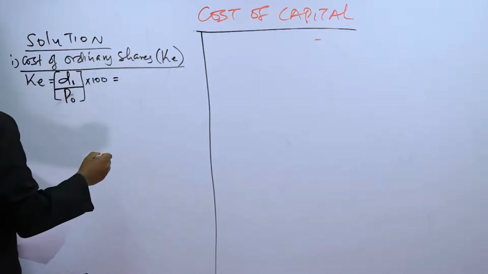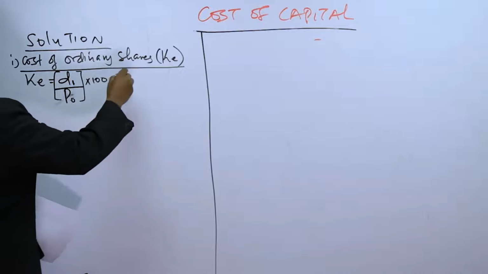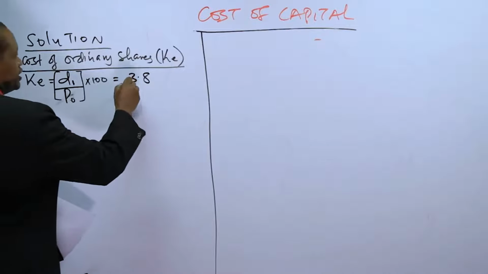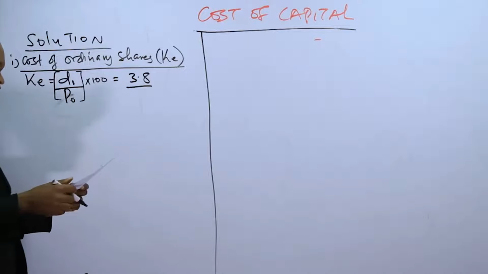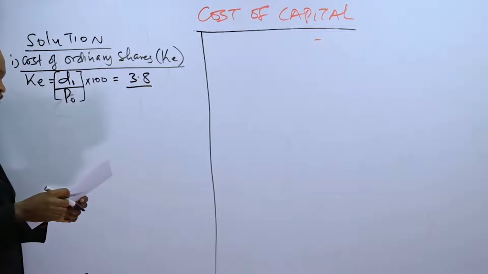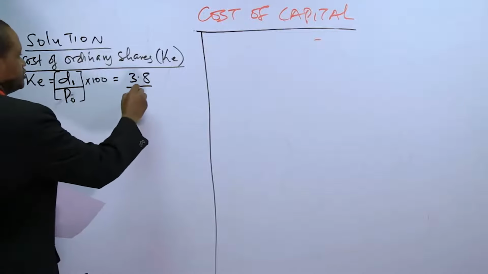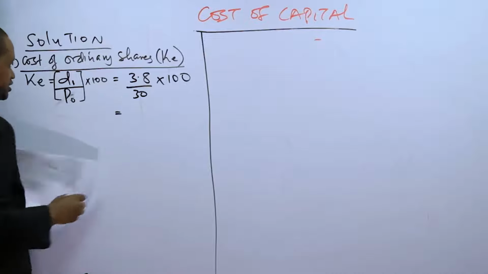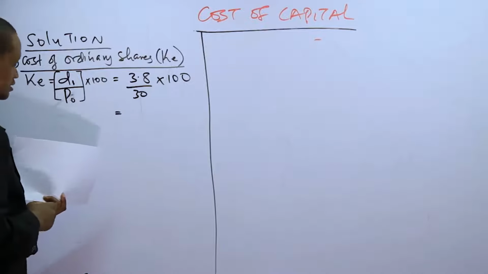Our D1 is 3.8 shillings per share, divided by the market price, which is provided in the table under additional information. The market price for ordinary shares is 30 shillings. Then multiply by 100, that will give us the cost.